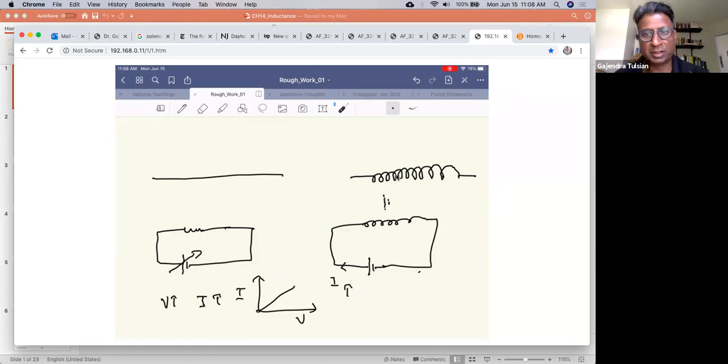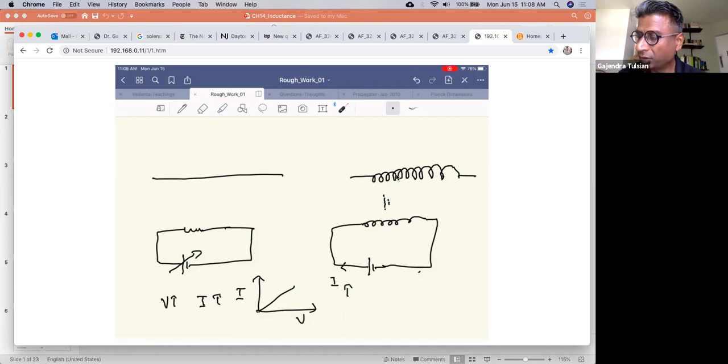Did you guys understand that? Before you wound it, if it was a straight piece of wire, you could increase the current all you want and this wouldn't fight it. The same piece of wire, when you wound it up like this, you try and increase the current, it'll fight that change.